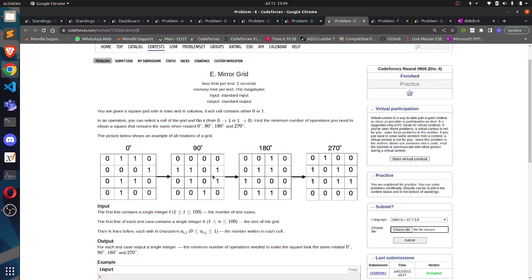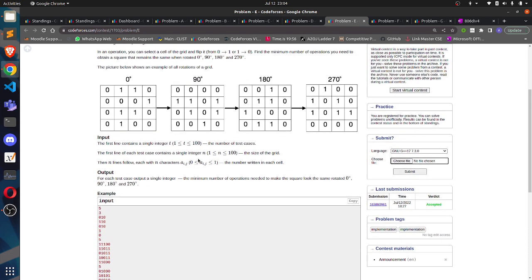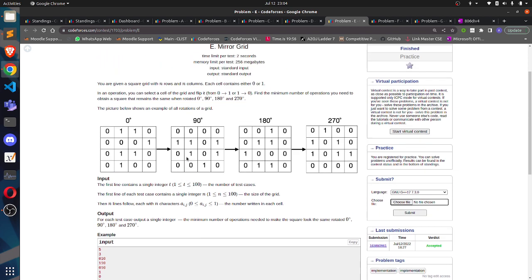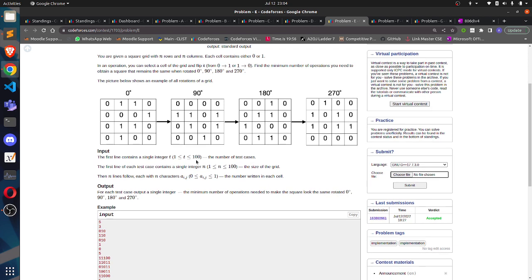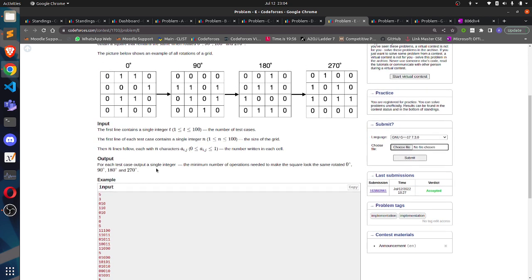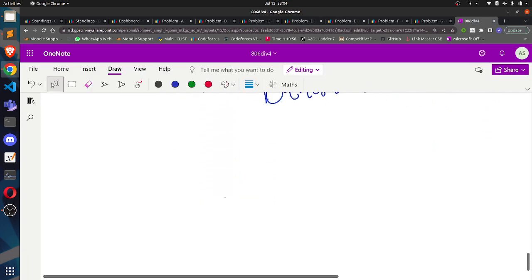In the next problem, we have been given a matrix of n cross n, and we have to tell whether, after rotating it by 0 degree, 90 degree, 180 degree and 270 degree, the matrix remains the same or not. I can draw a figure and show it to you.